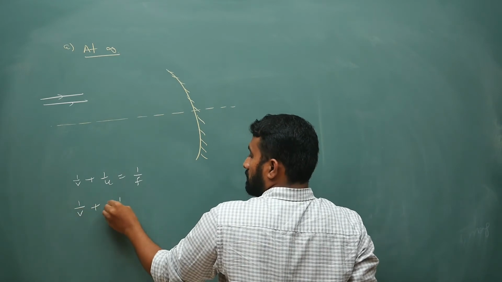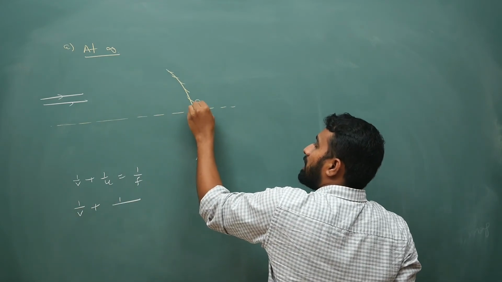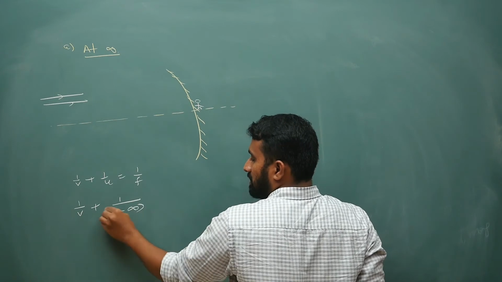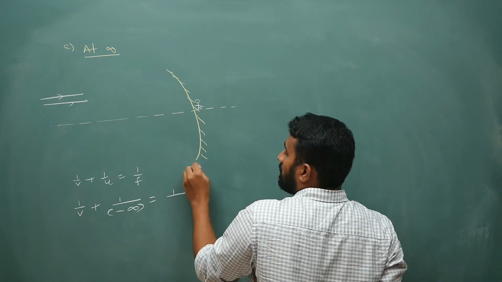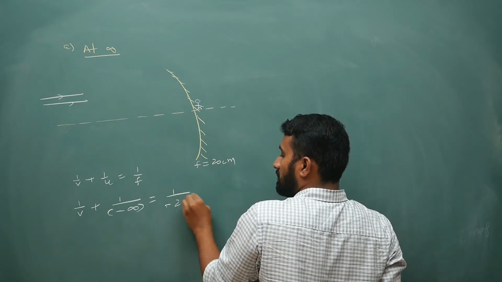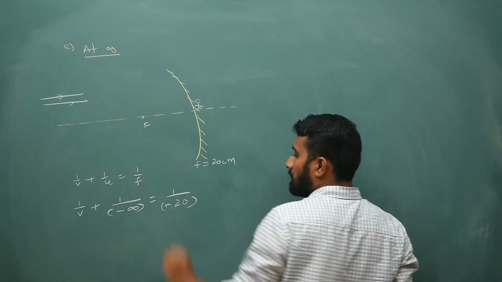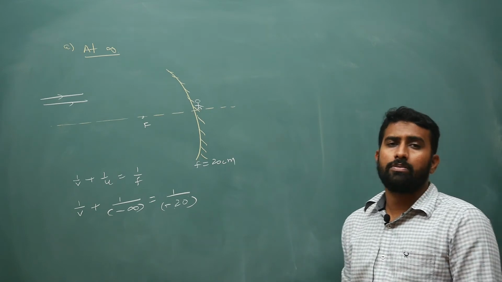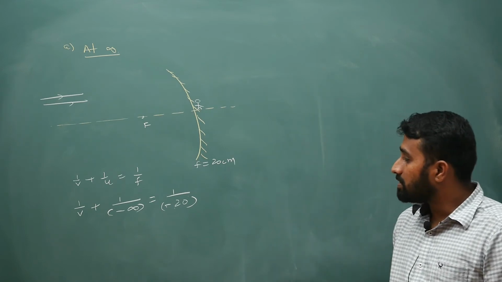1 by v plus, from pole if you are going towards infinity, it is minus infinity, that is equal to 1 by focal length. I have given in the question f equal to 20, so it is minus 20 because focus is here. Hope you have followed the sign convention.